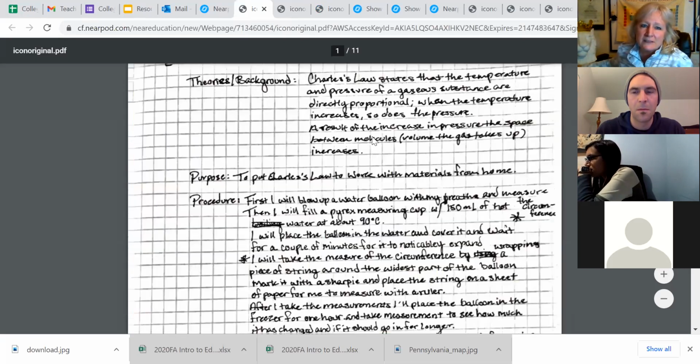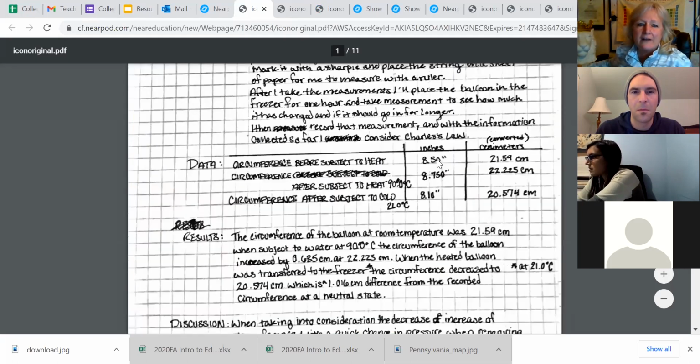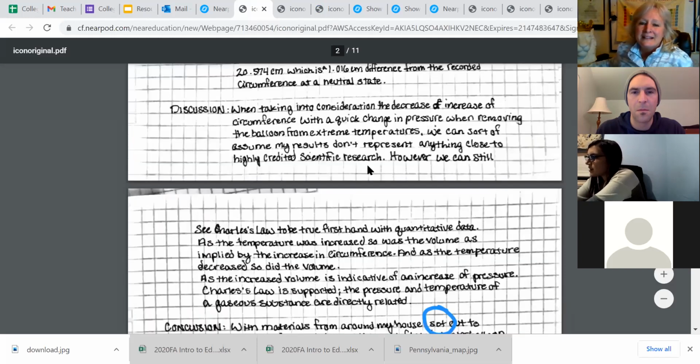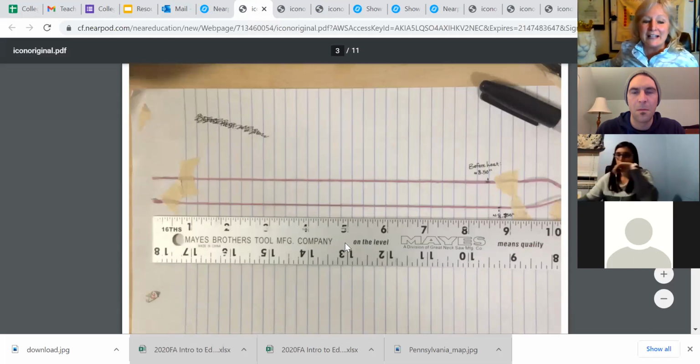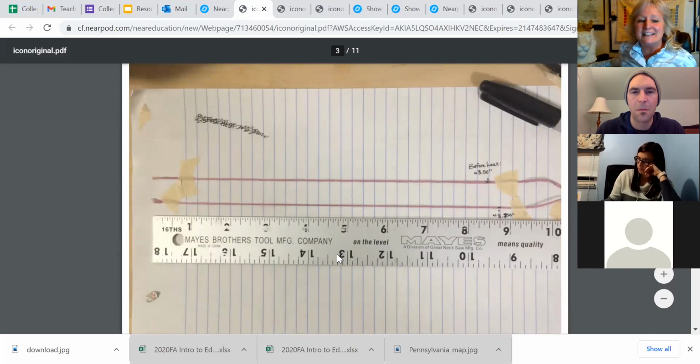And so this student started off with the background information, and here's their lab. Now I like this because look at what students have to do to improvise. If they didn't have a flexible tape, look, they designed their own. And things like this give me goosebumps because I'm not telling them how to do it. When they're in lab, we have all the resources for them.